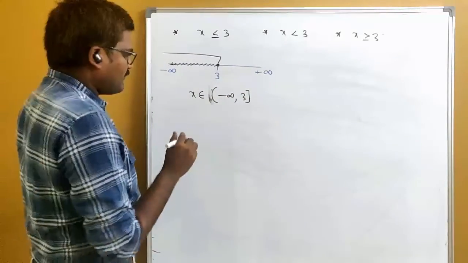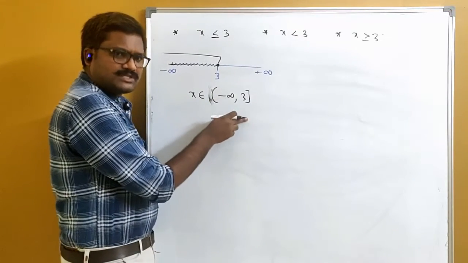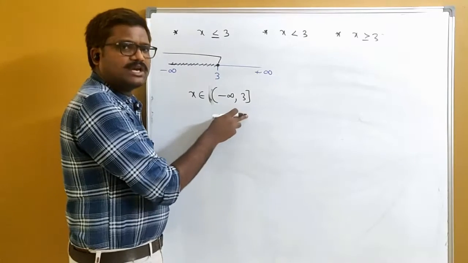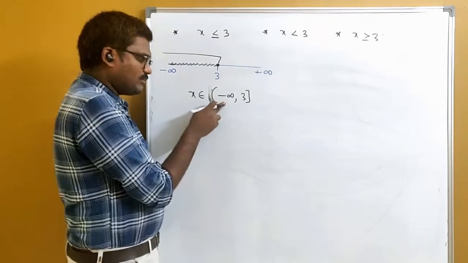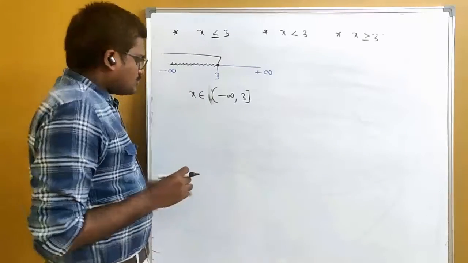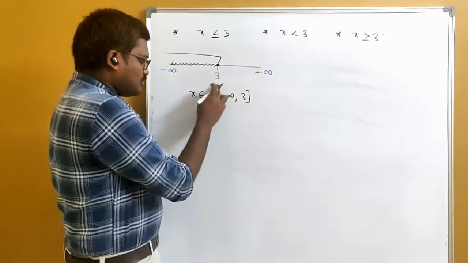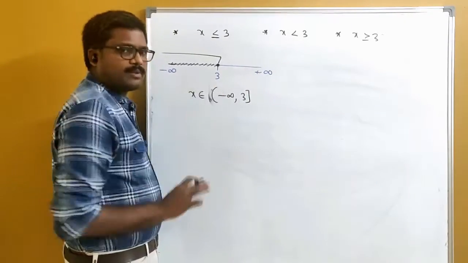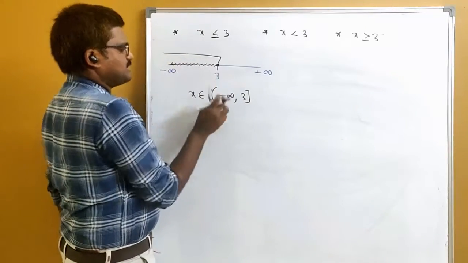And one more thing, whenever you are using brackets at minus infinity and plus infinity, it is always an open interval bracket. Understood? Because I do not know where minus infinity is or where plus infinity is. So whenever you are using minus infinity or plus infinity, you should use open bracket. So the meaning of this one is the maximum value of x is 3, isn't it?